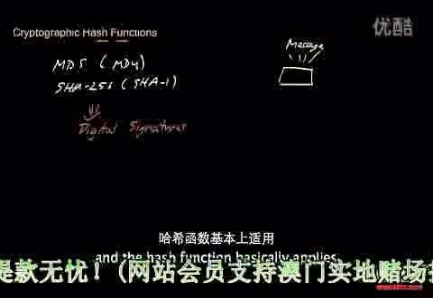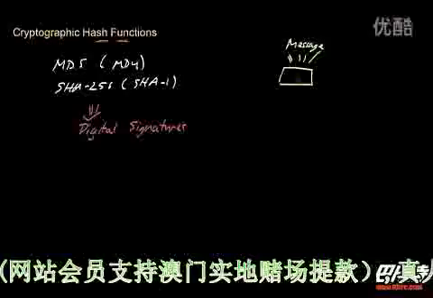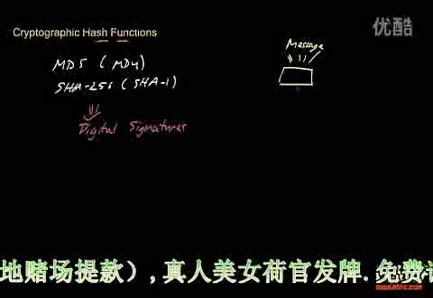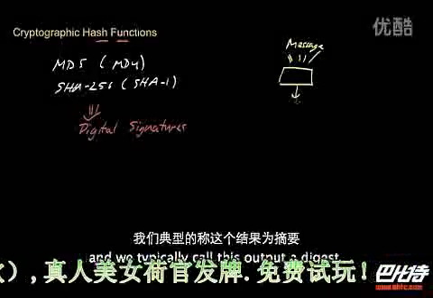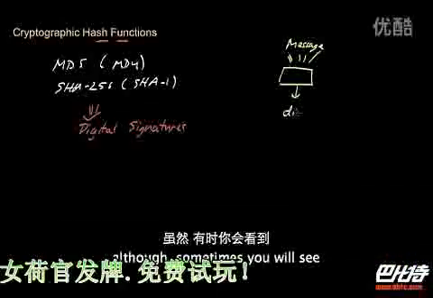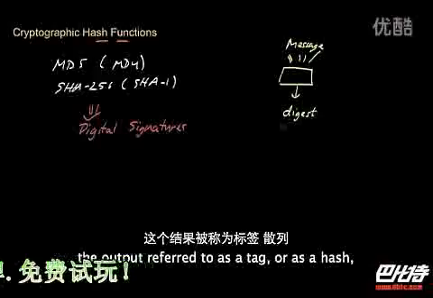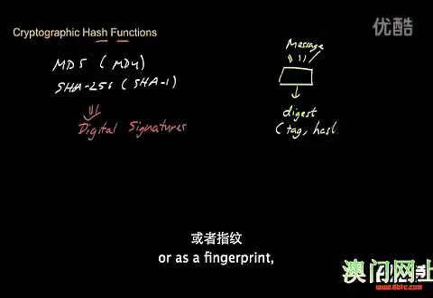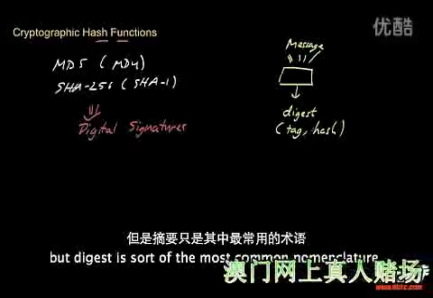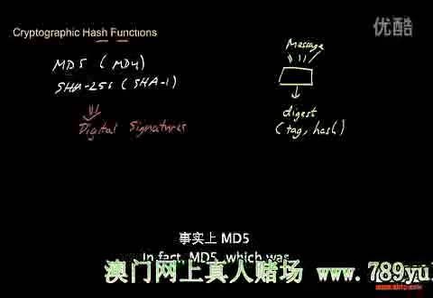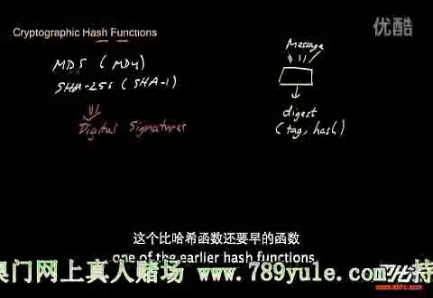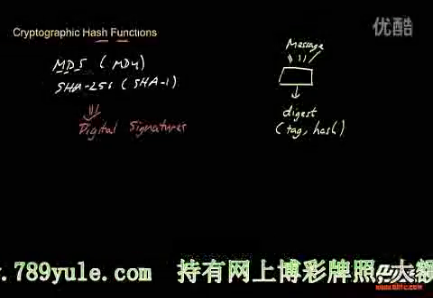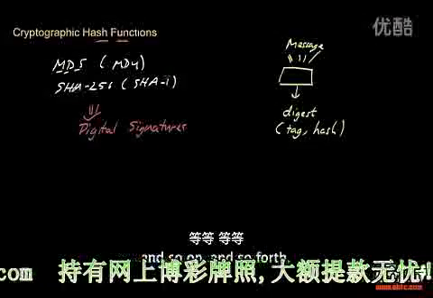And the hash function basically applies a mathematical transformation, or maybe a set of mathematical transformations, to this input to produce a single output. And we typically call this output a digest, although sometimes you will see the output referred to as a tag, or as a hash, or as a fingerprint, but digest is sort of the most common nomenclature. In fact, MD5, which was one of the earlier hash functions, stands for Message Digest 5. Okay, and MD4 was Message Digest 4, and so on and so forth.